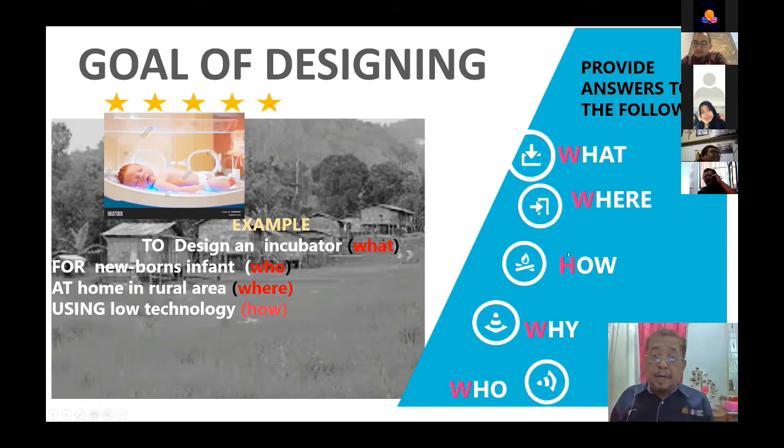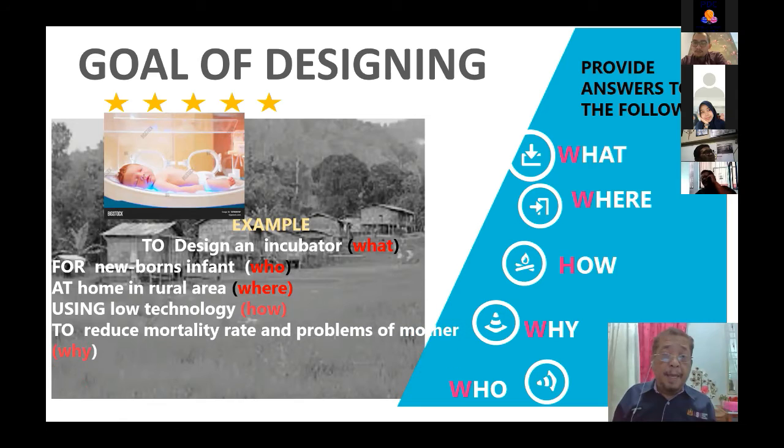We're using low technology because in that area they don't have electricity. And the reason is to reduce the mortality rate of the infants and also reduce the problem of the mother, because these babies are actually having jaundice, which is critical for their life and death, right?